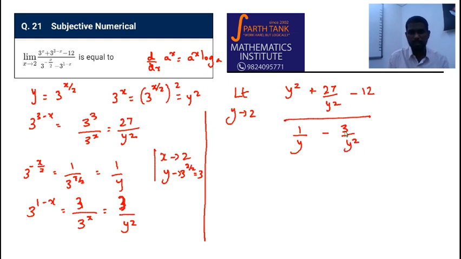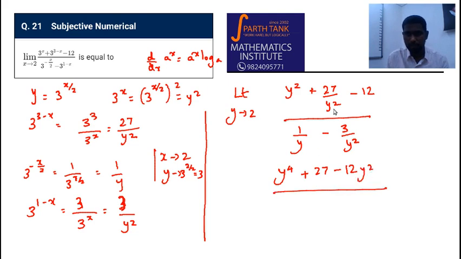Let us simplify these terms a little more. So this becomes y to the power 4 plus 27 minus 12 y squared over y squared, and the y squared of the LCM here I am going to cancel. So this becomes y minus 3 by y squared. Makes sense? This is 1 by y and this is minus 3 by y squared.